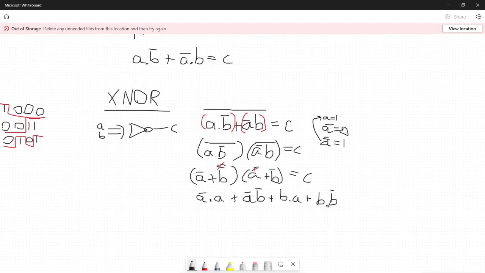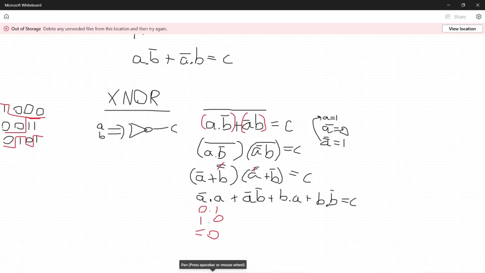Now what do we know? We know that A invert must be the opposite of A. So if A is 1, then this is 0. But if A is 0, then this is 1. And you notice a pattern here now. If we are multiplying these, then no matter what situation we get, we're going to get 0, because there's only two numbers it could be, and one of those numbers has to be 0.